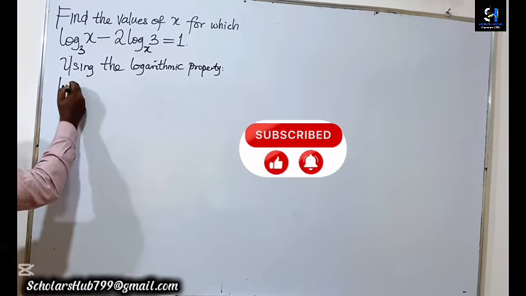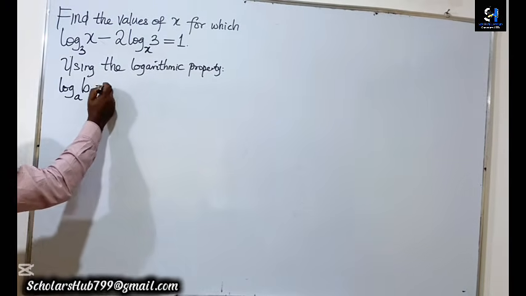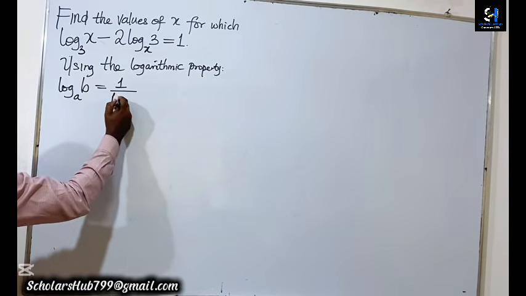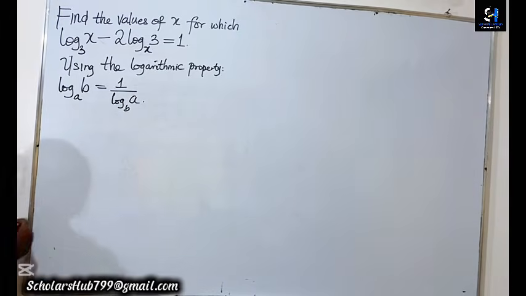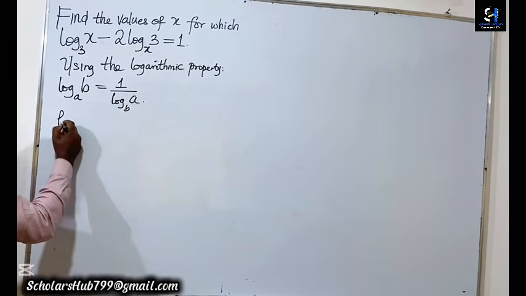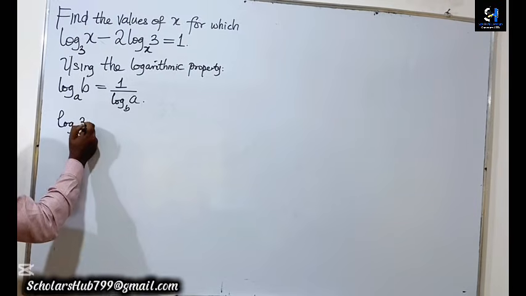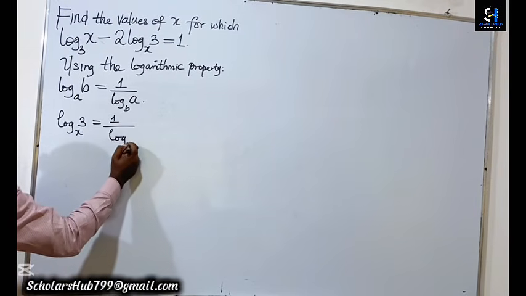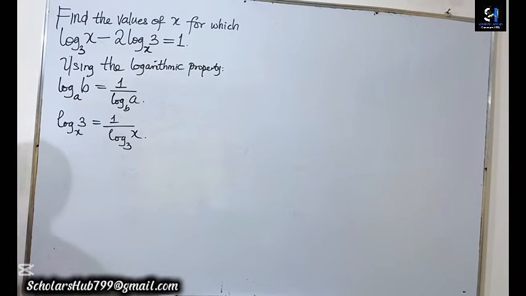So we have log to base a of b equals 1 over log to base b of a. Which means if we have log to base x of 3, this will be equal to 1 over log to base 3 of x.